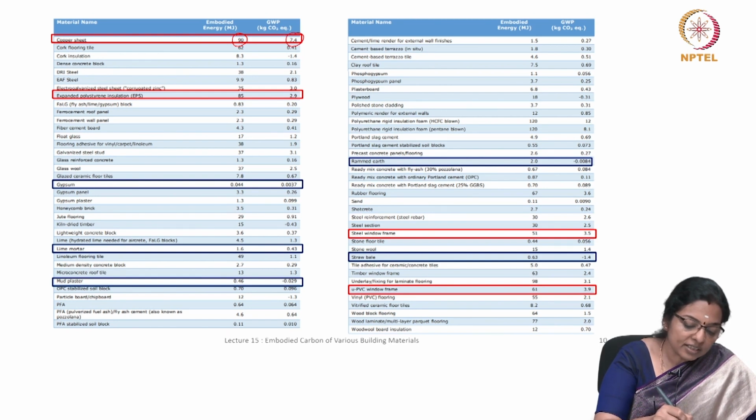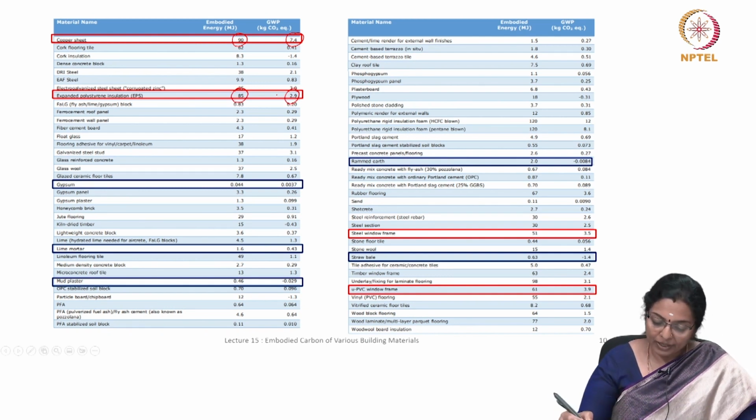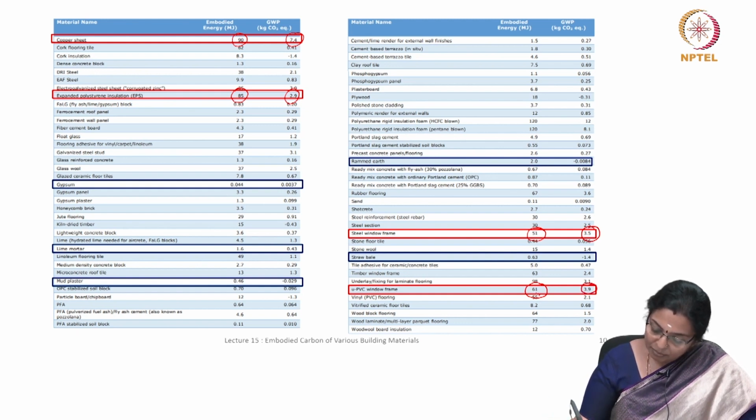Expanded polystyrene insulation, the embodied energy is high as well as its global warming potential. If you look at steel, anywhere that steel is used, its embodied energy is high, 51, and its global warming potential is also very high. UPVC window frames, the embodied energy is high and global warming potential is high. So, anything with PVC is high.